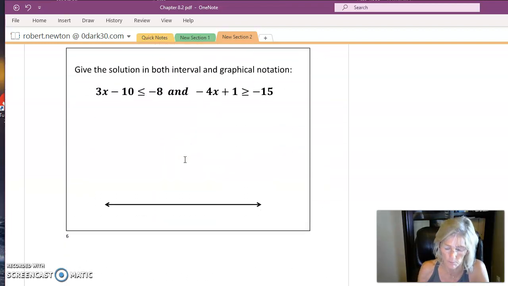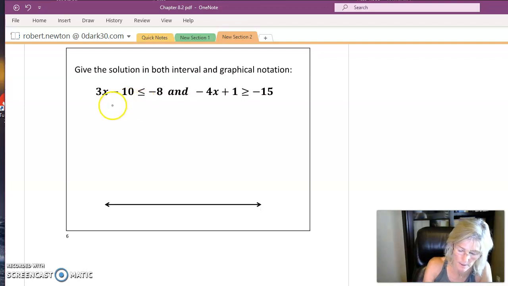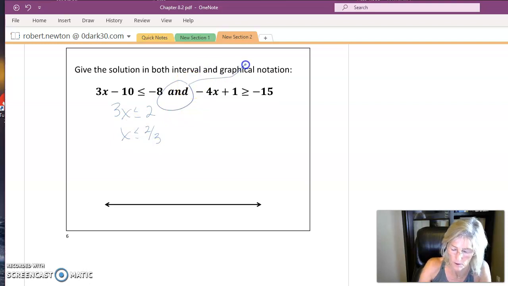Last one, again, I'm going to solve both sides. I'm going to add 10 to both sides. Divide by 3. And I'm only going to put in interval notation the overlap of the graph. And here I'm going to subtract 1. And then I'm going to divide by -4.